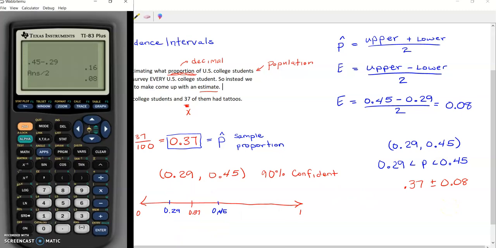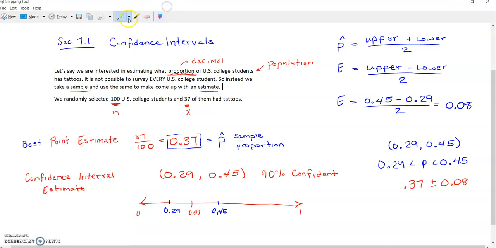So let's say that we wanted to increase our confidence level from 0.90 to 0.95. Let's say we wanted to be 95% confident. I can just go in here and change this to 0.95, and I want you to see what happens. Now that means we're going from 0.28 to 0.46.